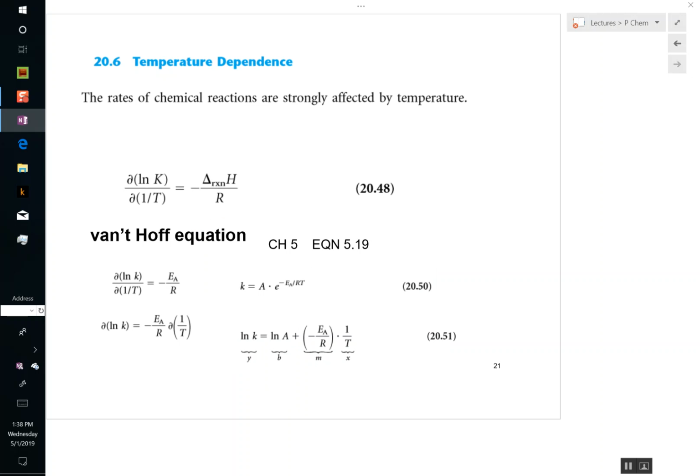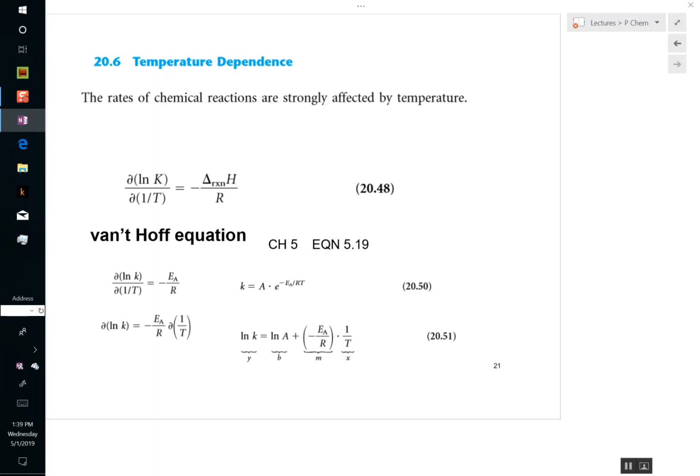All right, one last concept to touch on is the temperature dependence. Rates of chemical reactions are strongly affected by temperature. This is the Van't Hoff equation. It's 20.48, so it's in chapter 20, but they mention it, it just doesn't give you the reference.